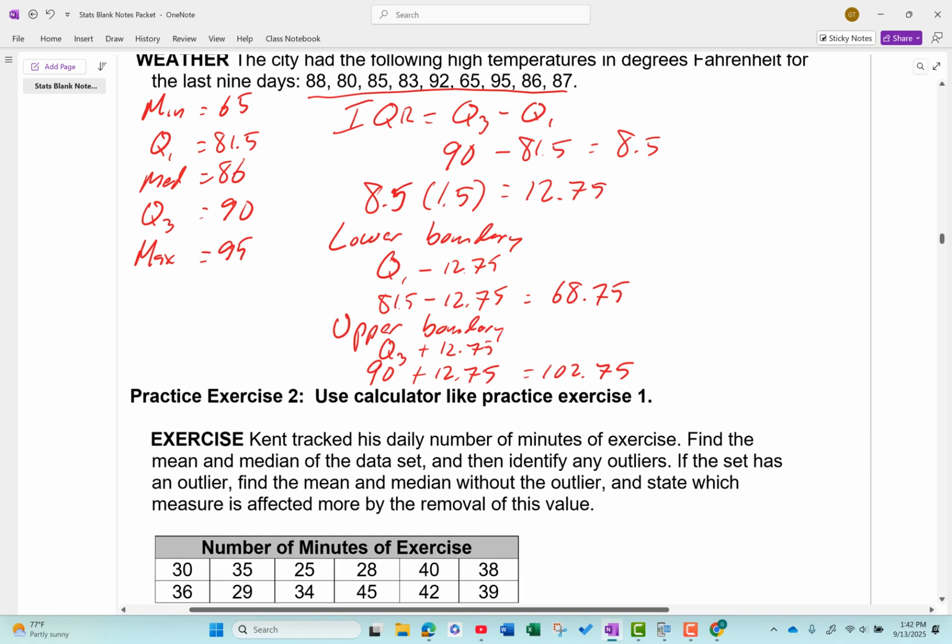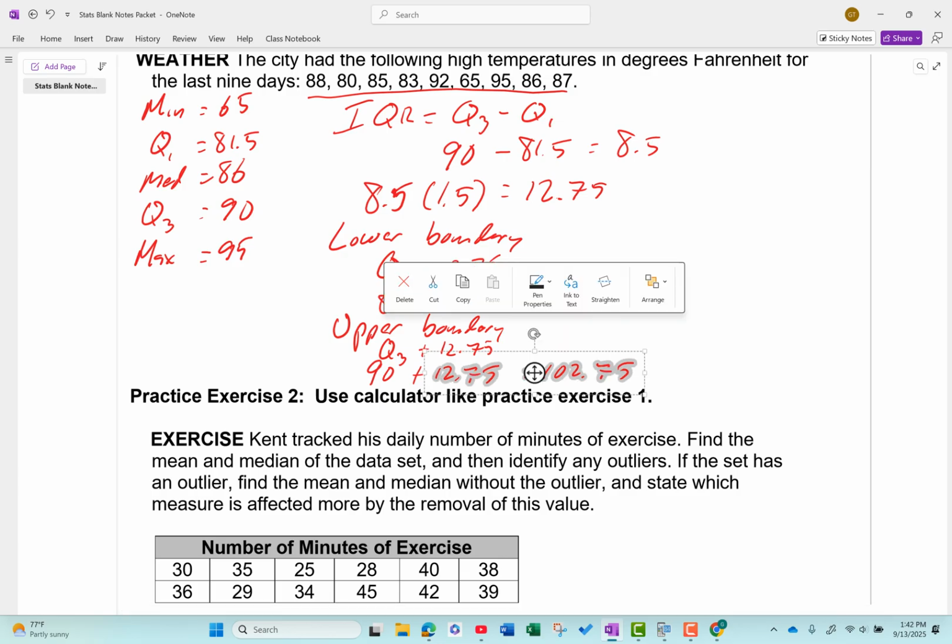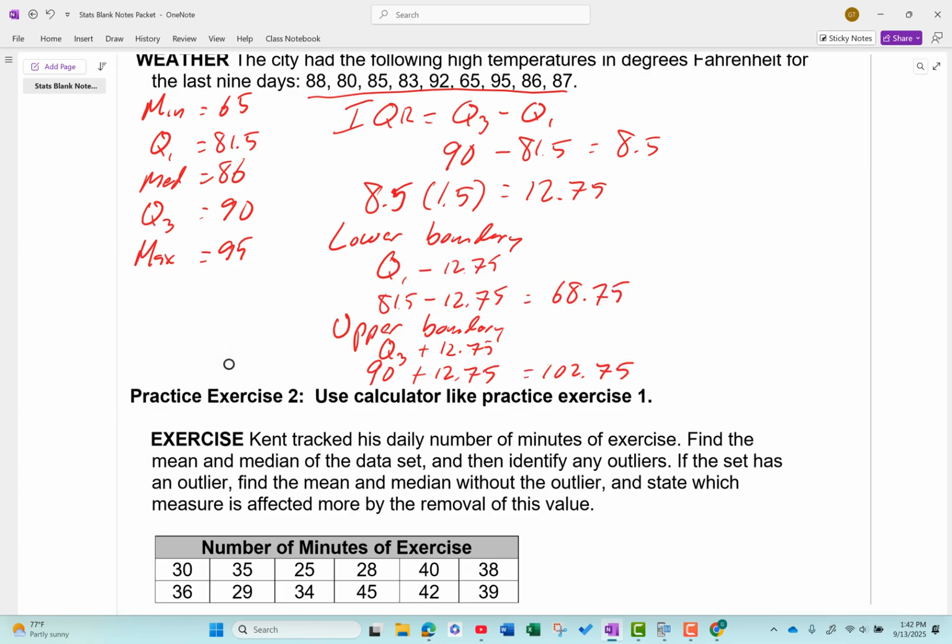Okay, so I can look back at my min and max and all my data points, and I see that, well, I do have 65, so I'd have a lower outlier of 65. And my max is 95, so nothing's above 102.75, so I'd have no upper outlier. Okay, so hopefully that makes more sense.